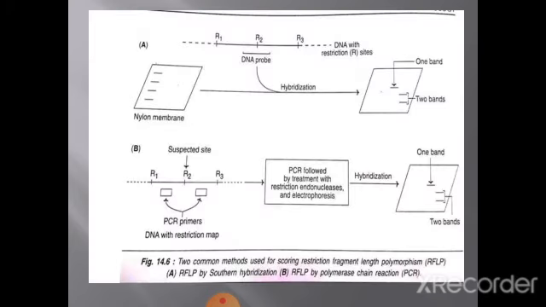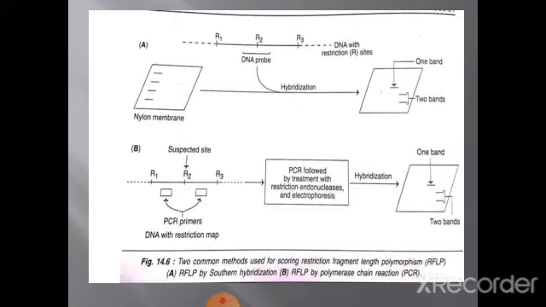Same slide I have put here so that you can concentrate on diagram B and compare with A. Okay, A for Southern hybridization, B through PCR. Here you can see the same DNA piece with restriction sites R1, R2, R3, and you are suspecting R2, right? Suspected site is R2. You will put PCR primers on either side of the DNA with the restriction map.